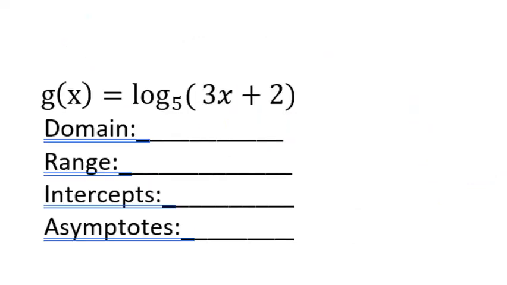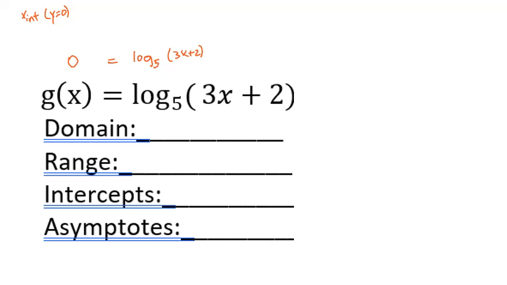So suppose that we wanted to find the intercept of this function. The x-intercept of this function. That means that for the x-intercept, remember that y has to equal 0. In other words, our function is equal to 0. So we're asking, when is the log base 5 of 3x plus 2 going to equal 0?